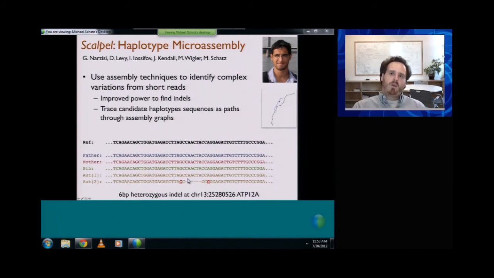And then in that way, anytime we see that there's a set of nodes in the graph that were all contributed by that particular individual, we can say, aha, here's a mutation that is very specific to this one person.